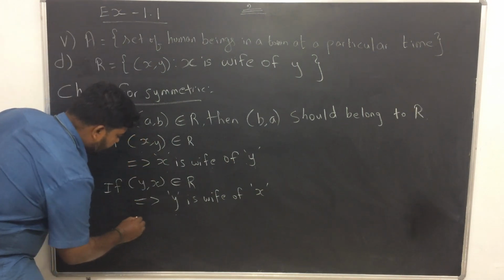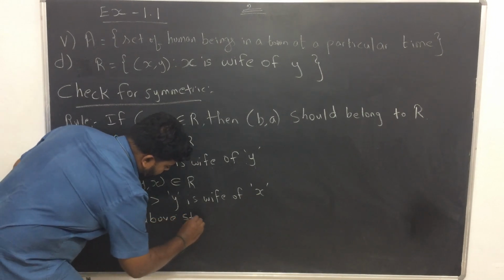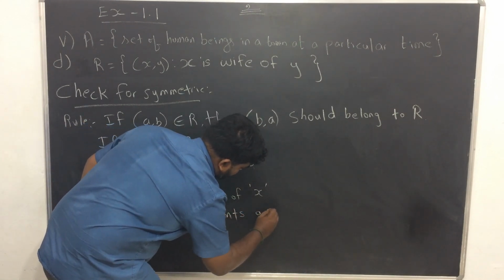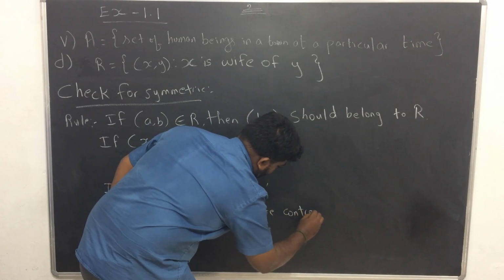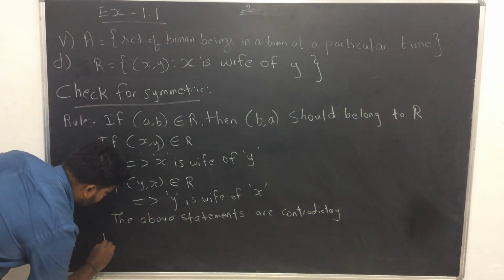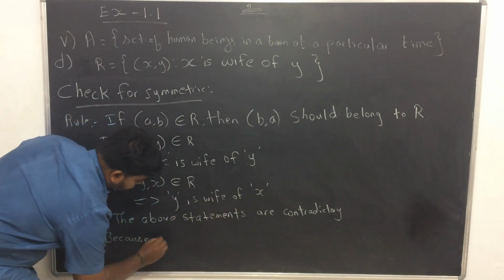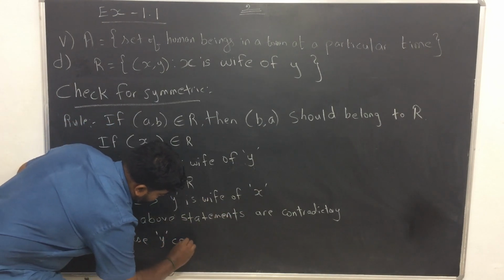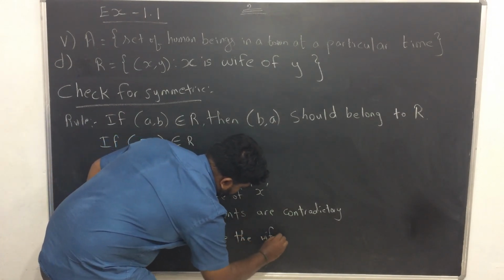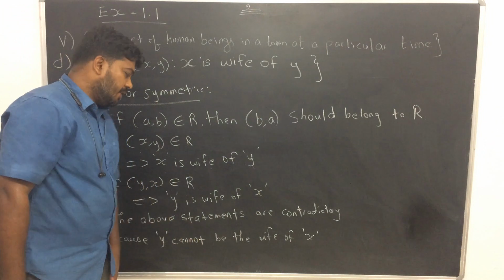So, what can you say? The above statements are contradictory. Why so? Because y cannot be the wife of x.